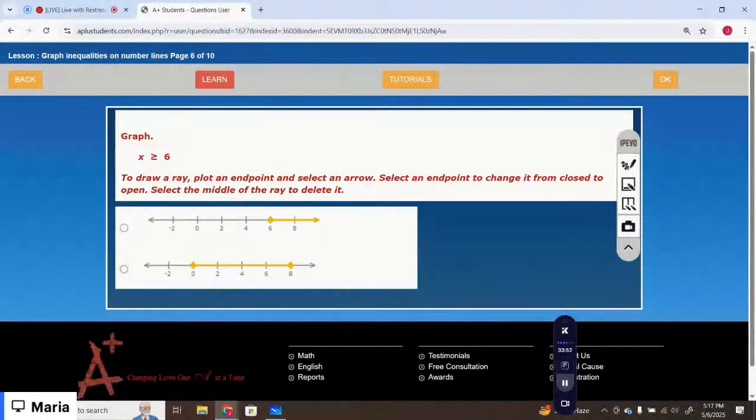X is greater than or equal to 6, so which is the correct option? Option number 1 is the correct option.